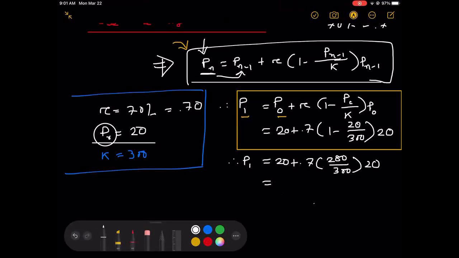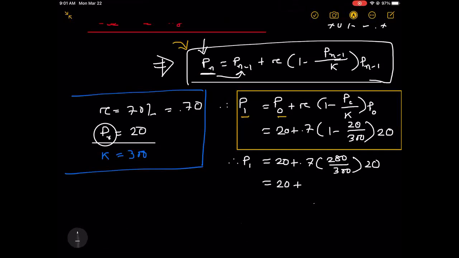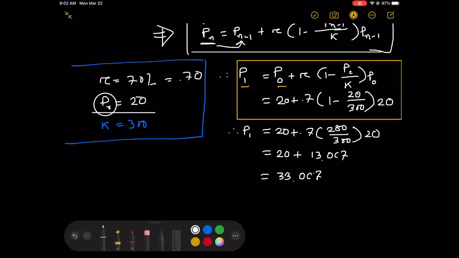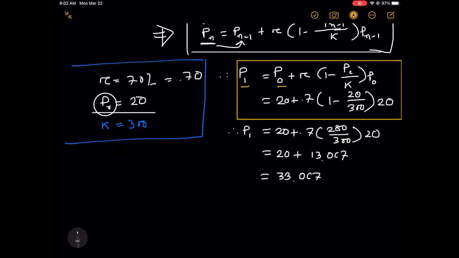Anyway, let's see. 20 divided by 300 is 0.067, and 20 times 0.7 is 14, so if I add this, I'll have 33.067. Since it's a population and I need to round it to the nearest whole number, should it be 33 or 34? 33.